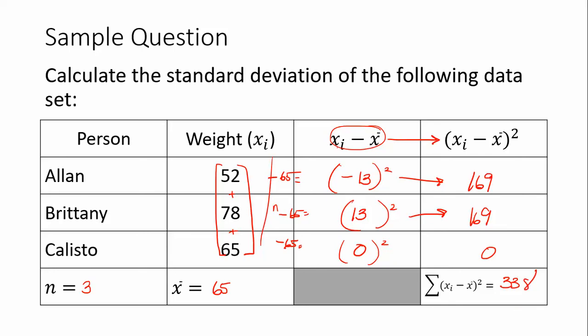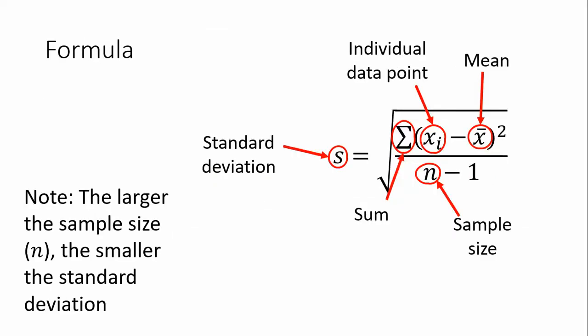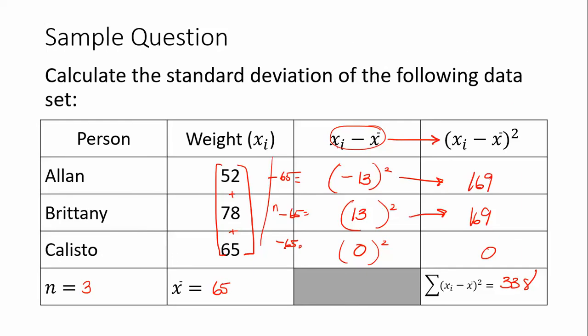Now, if you remember what the standard deviation formula looks like, we have so far only calculated everything that's on top of this fraction, which was a lot of stuff, but now we need to plug everything back into this equation. So my standard deviation is the square root of the sum of all of these xi minus x bar squared over n minus 1.